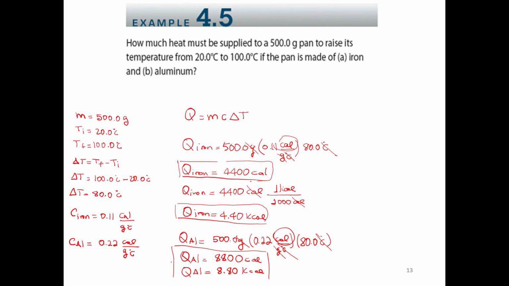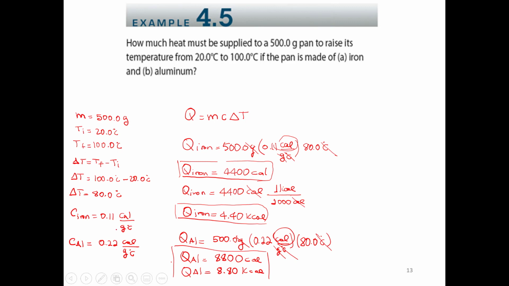What we can see in this problem is that because the mass is the same and the delta T is the same in both cases, the amount of heat depends just on the value of the specific heat.